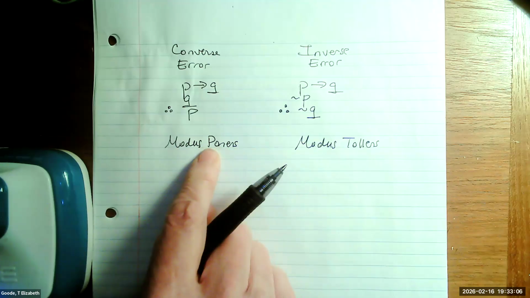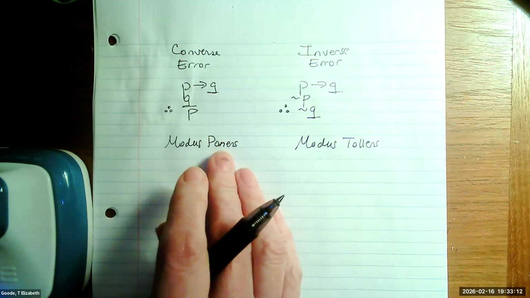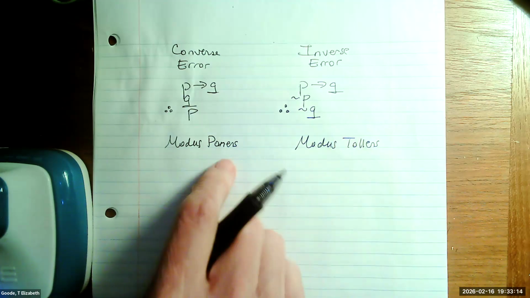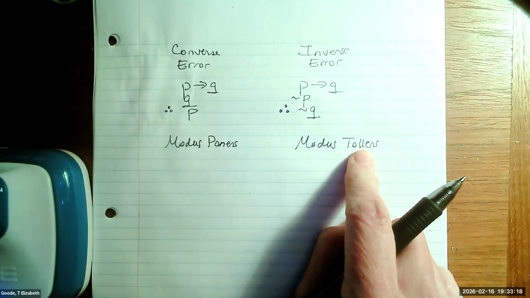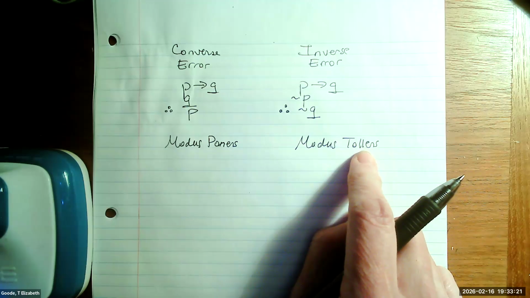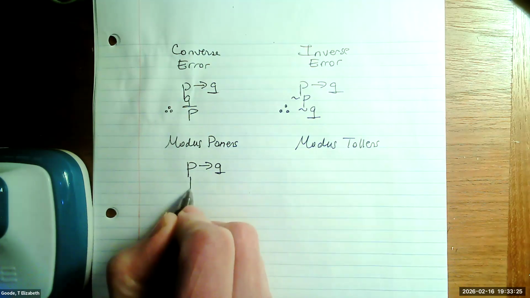But modus ponens, you learned languages, you know. This just means straightforward, and tollens means backwards or the roundabout way. So modus ponens is very straightforward.